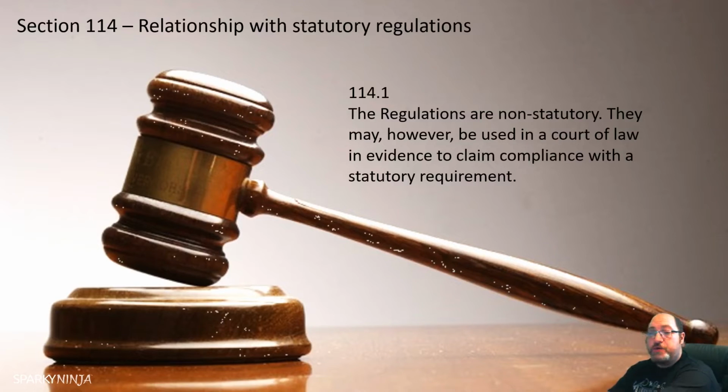So if we actually go to Appendix 2, we can see that a couple of these legislations are mentioned, just as an idea. So we have Appendix 2, Statutory Regulations and Associated Memoranda.